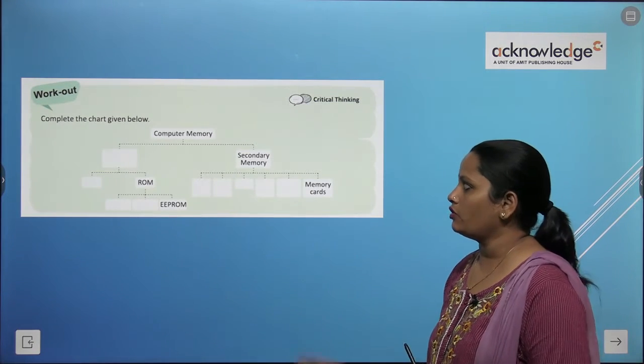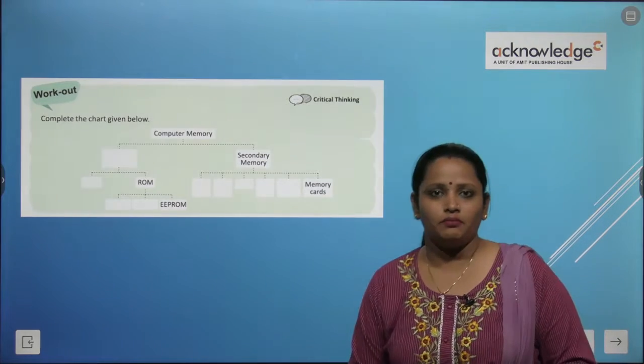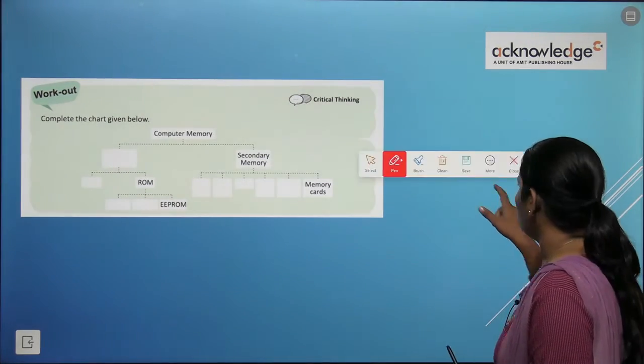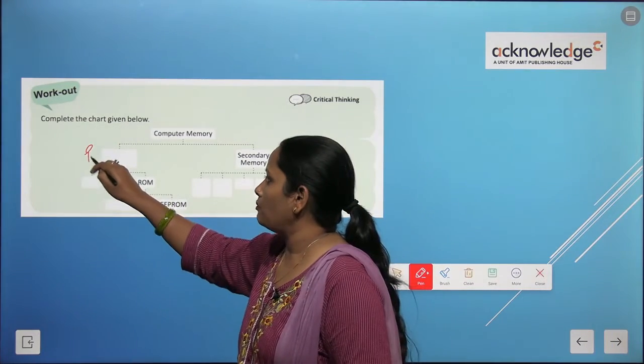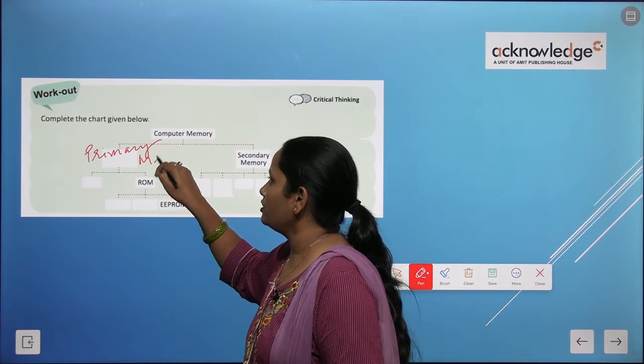So children, here the workout is given and I am going to fill some, but the rest you have to do by yourself. So here in the first blank, computer memory is divided into primary memory and secondary memory.